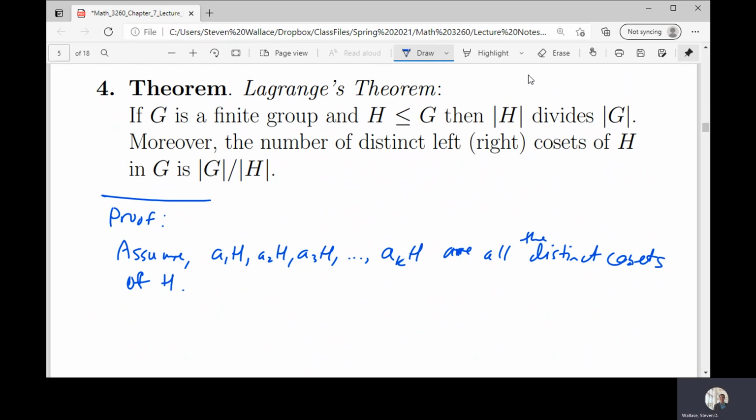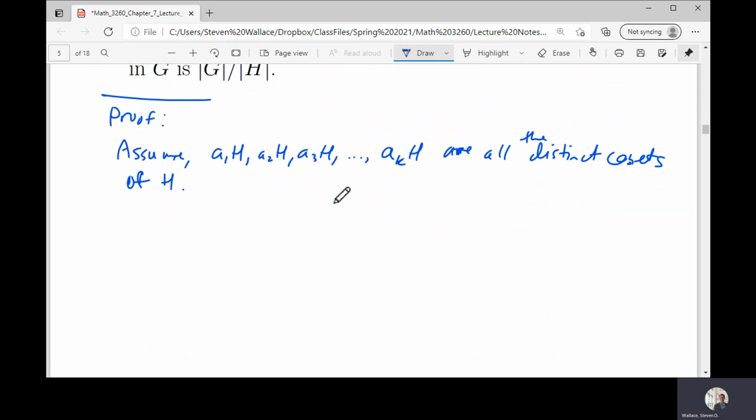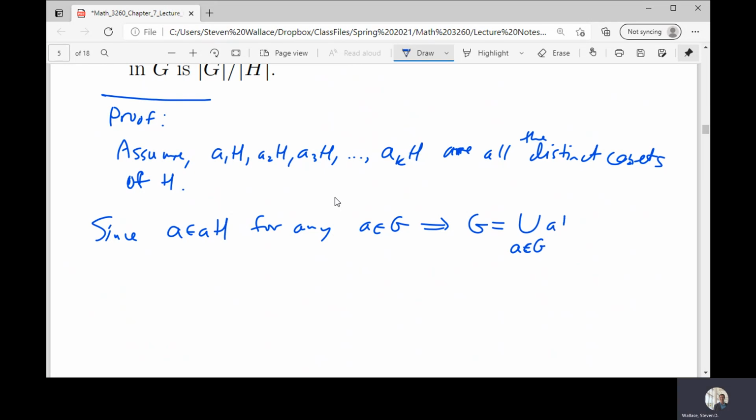Okay. Since A is always in AH for any A in G, this implies that G is equal to the union of all cosets, right?